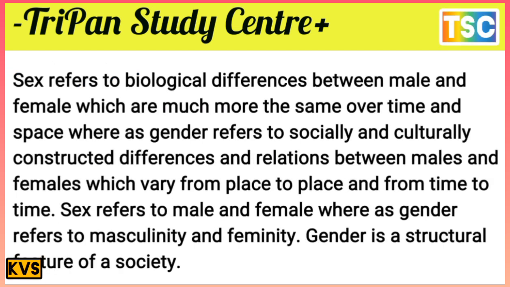Sex refers to the biological difference between male and female, which is much the same over time and space, whereas gender refers to the socially and culturally constructed difference and relation between males and females, which vary from place to place and from time to time.